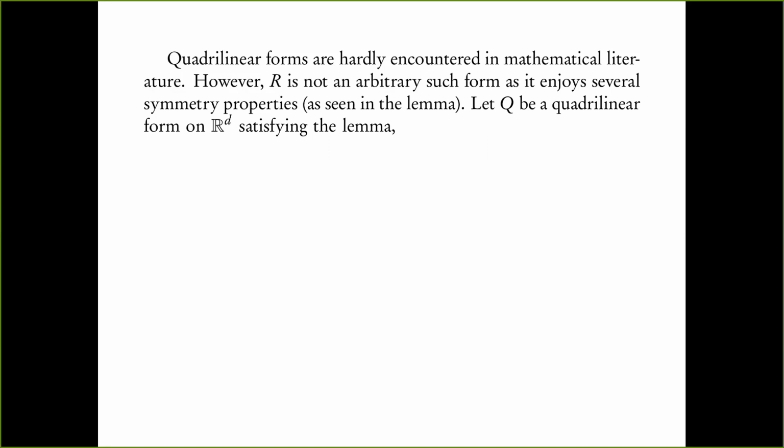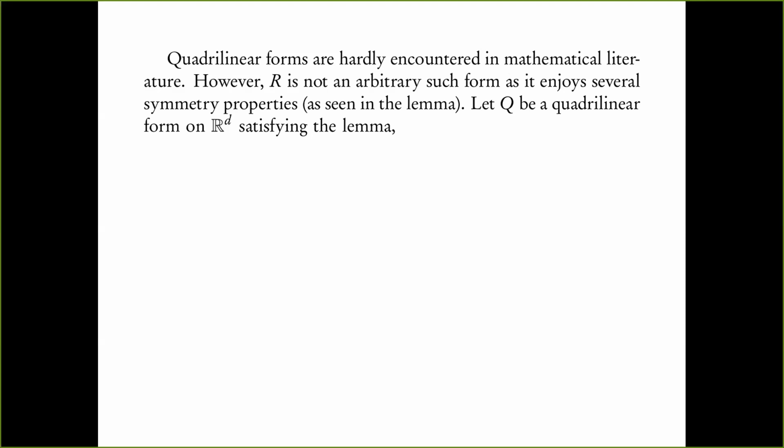It's a quadrilinear form on Rd, which means it's a map from Rd cross Rd cross Rd cross Rd to R. It is linear in each variable as a vector space over R, and it satisfies the lemma, meaning it satisfies the four properties. It's antisymmetric in the first two, antisymmetric in the last two.